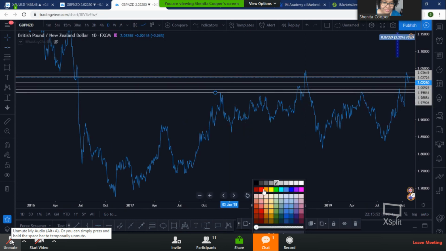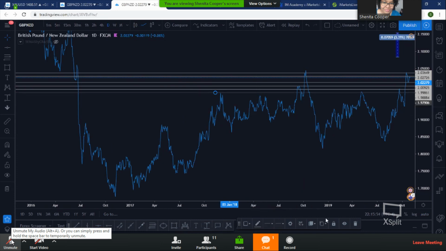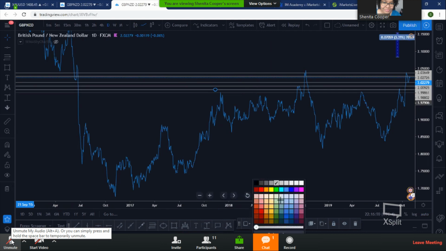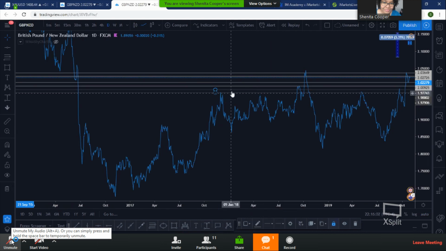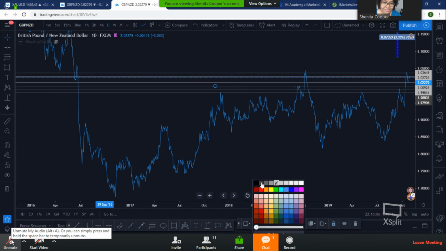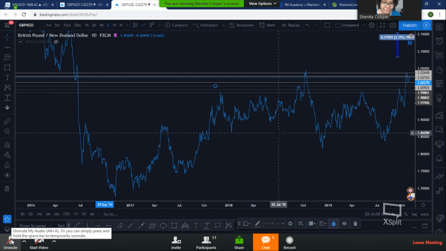Now what I didn't do is I like to fade these in the background and lock it because I move all over the chart. I don't want to see them, but I want to know that they're there. So all I'm doing is, I could have done this in the beginning, and I'll show you how to do that.